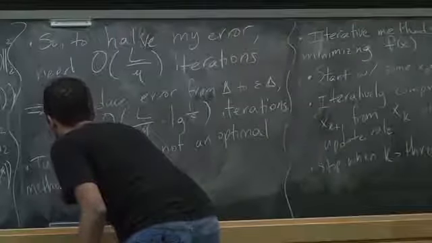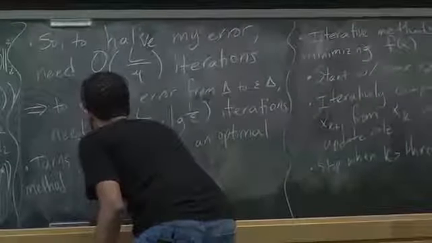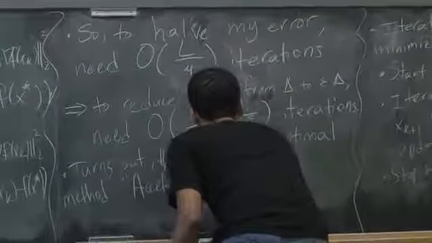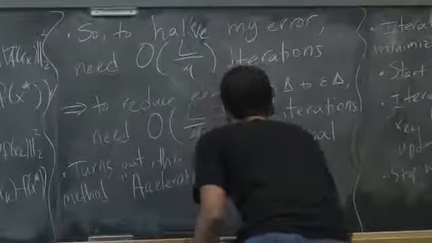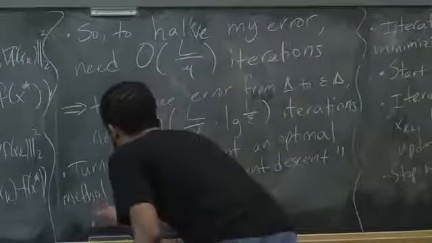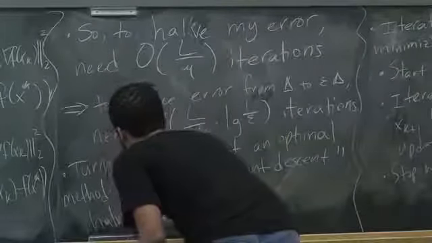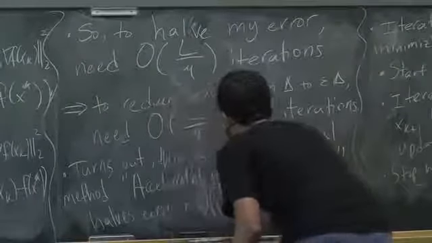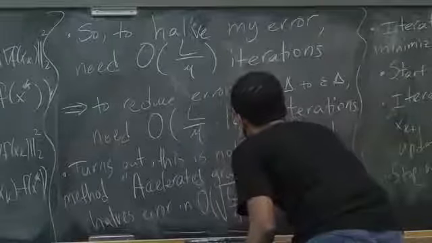There's another method called accelerated gradient descent. It halves error in O of square root L over mu iterations.